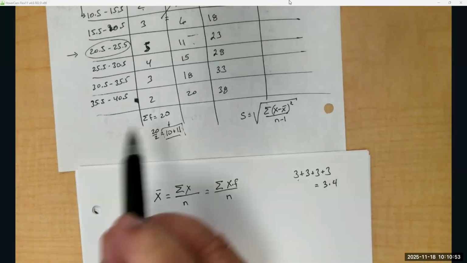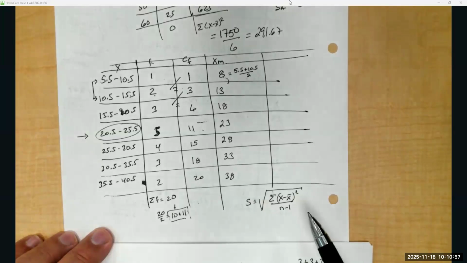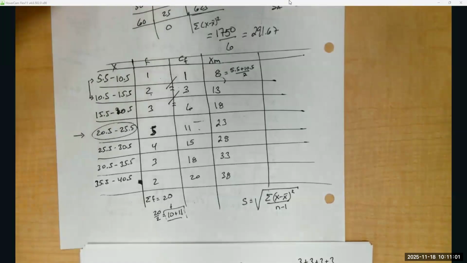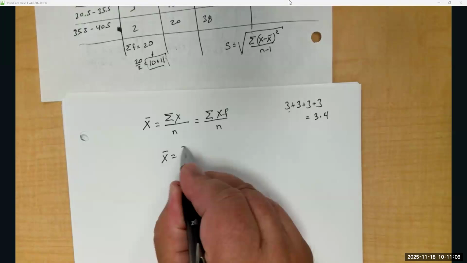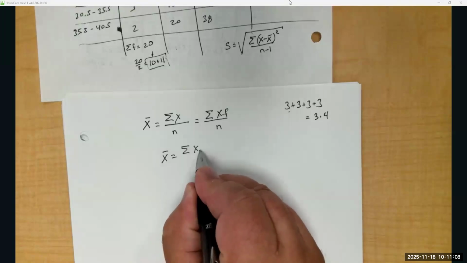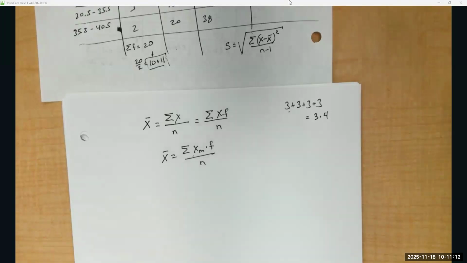But since our x's are intervals, what do we use instead? Yes, the midpoint. So our mean is going to be, take the midpoint times the frequency and divide by n. That's how we find the mean.